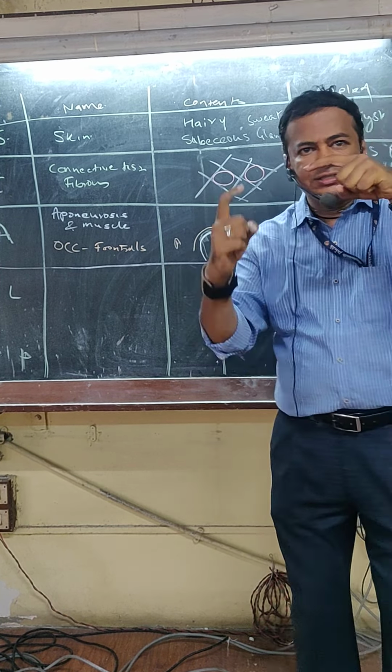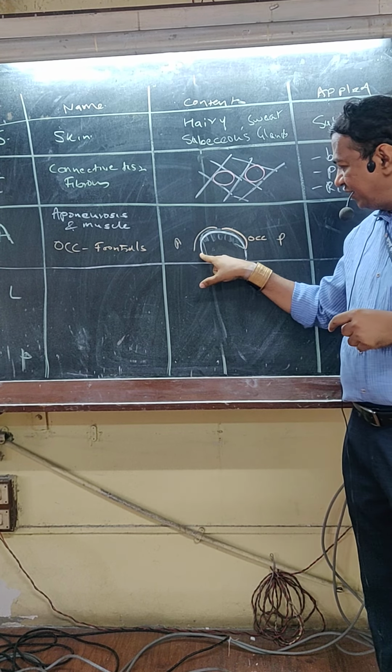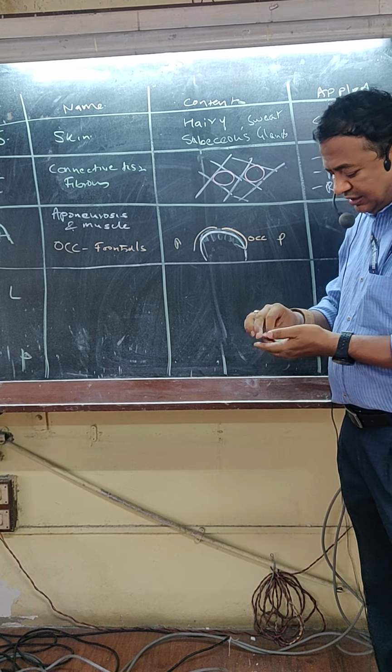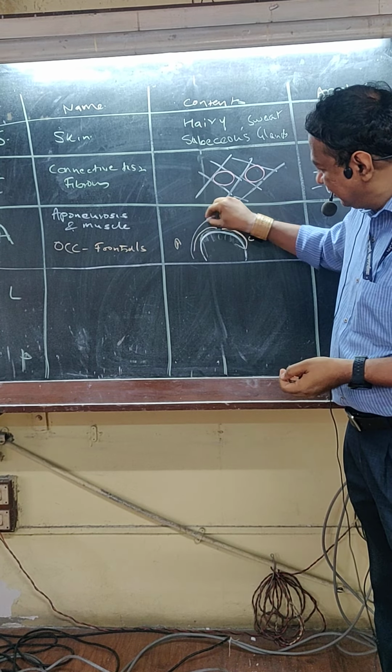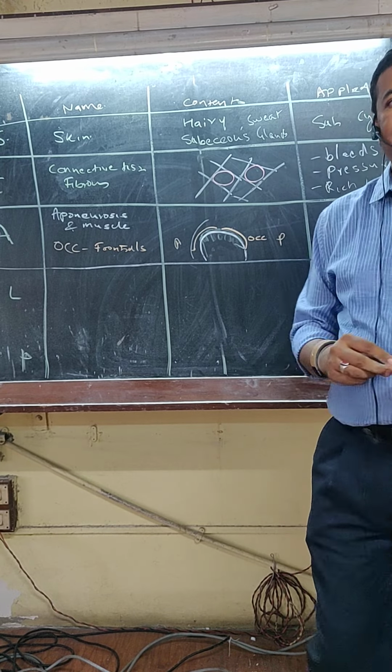Anteriorly is the frontal belly, posteriorly is the occipital belly. The aponeurosis is attached to the highest nuchal line, and the occipital belly is attached to the superior nuchal lines laterally. Now the frontal belly should have got attached to the skull, but it doesn't. It gets attached to the skin.